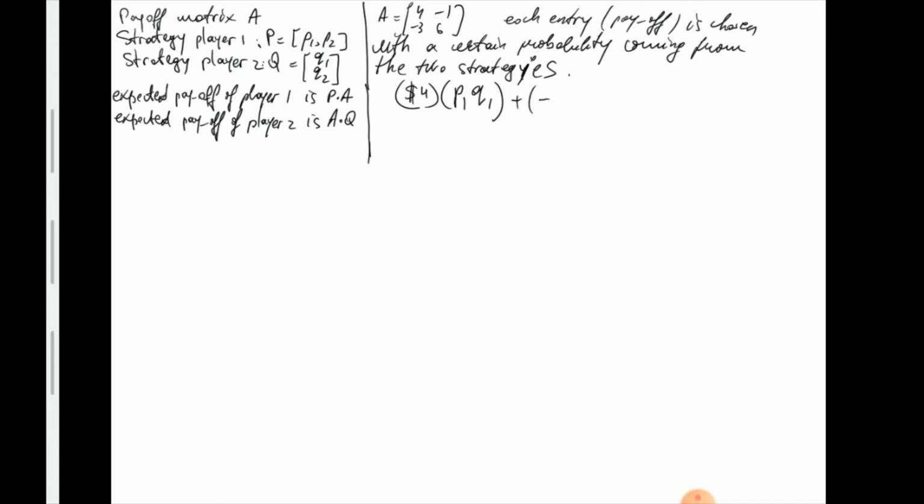Consequently, the payoff minus 1 is chosen with probability P1 Q2, row 1, column 2. The payoff minus 3 comes from P2 Q1, and finally 6 is chosen with probability P2 Q2.